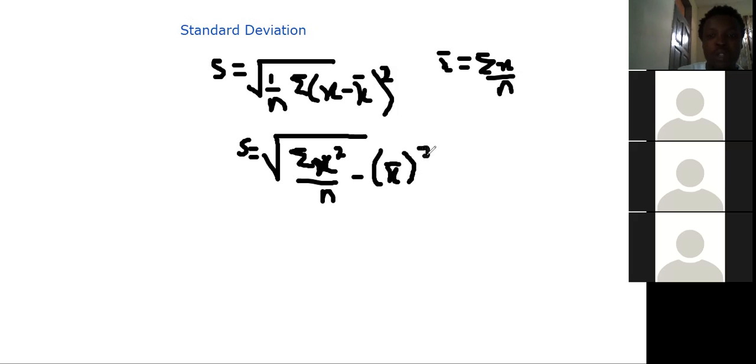Whichever one works for you. You can use any of these formulas, you get the same answer. So sigma x squared minus this thing.